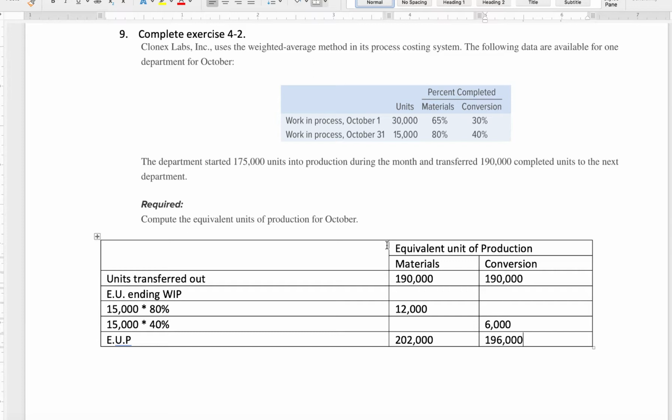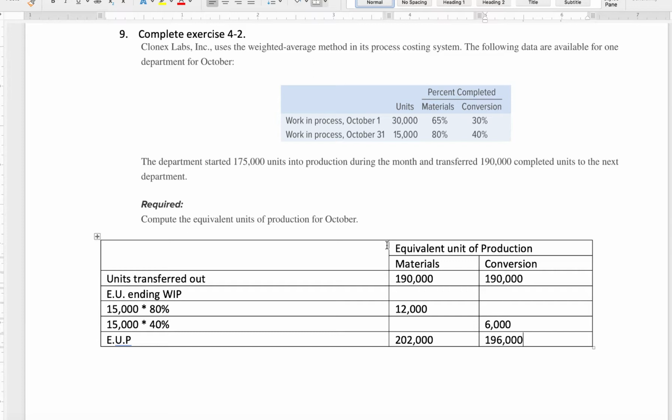I take the units that they give me, meaning the work in process as of October 31st, there's 15,000 partially completed units. Great. I ask myself, okay, since I have 15,000 partially completed units, with respect to material, how much are they complete? With respect to conversion cost, how much are those 15,000 units completed, right?